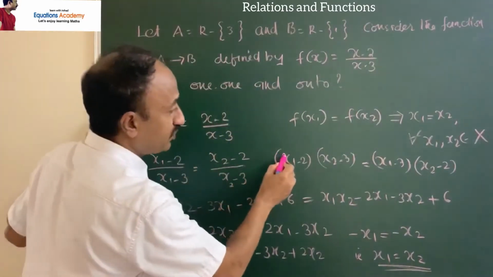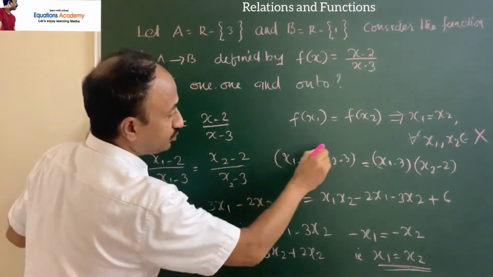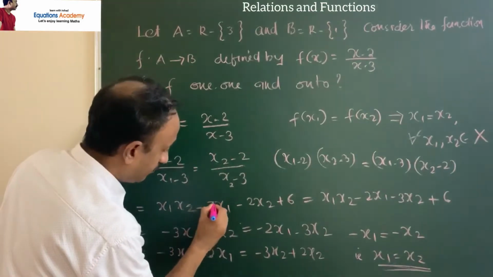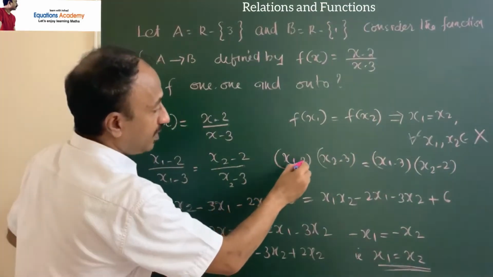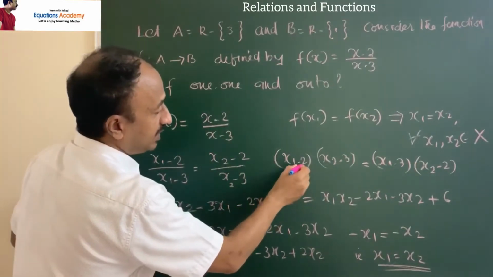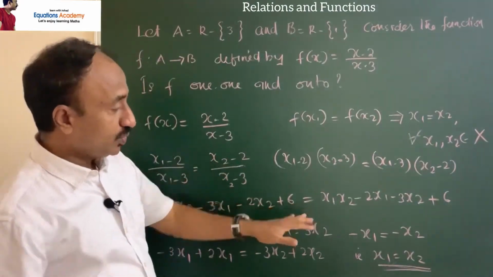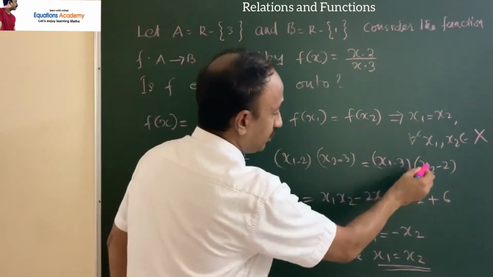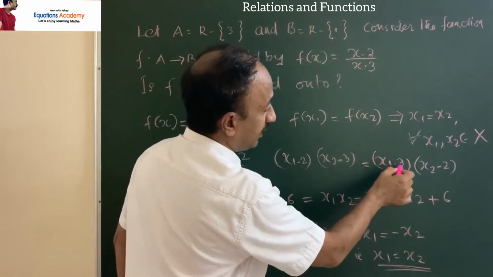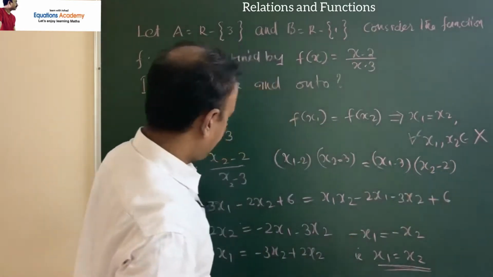That will be x1 into x2 is x1x2. Then x1 into minus 3, it is minus 3x1, again minus 2 into x2, which is minus 2x2, minus 2 into minus 3 is plus 6. This is equal to, multiply here, x1 into x2, x1 into minus 2, minus 2x1, then minus 3 into x2, minus 3x2, minus 3 into minus 2, plus 6.